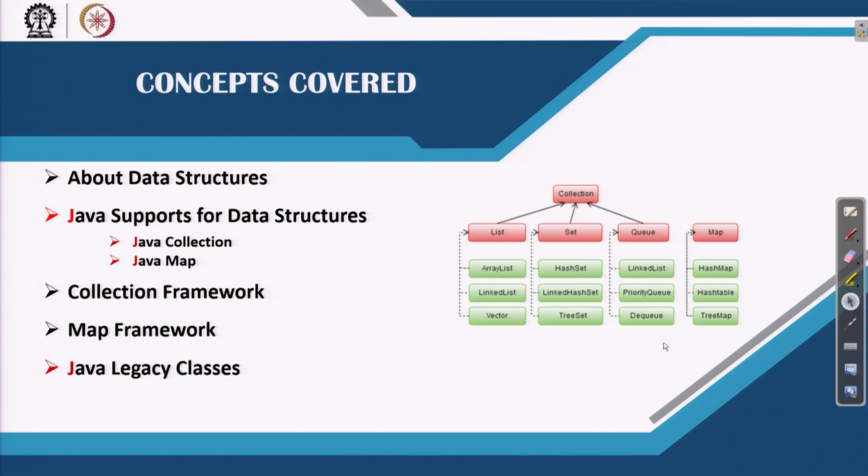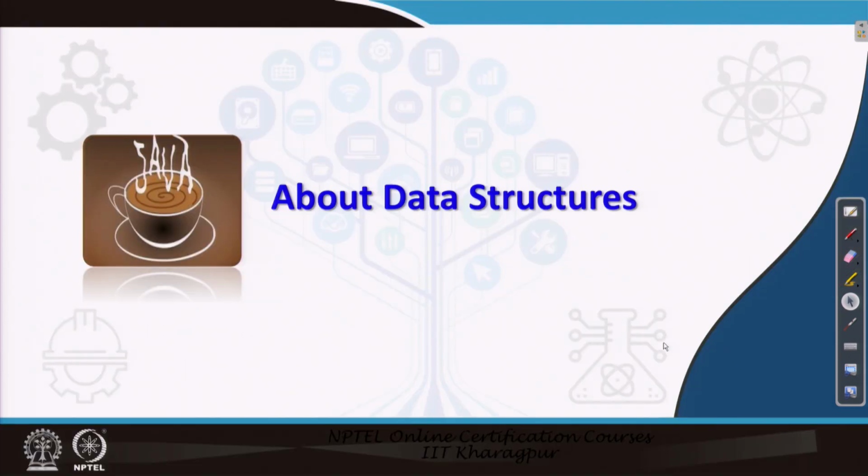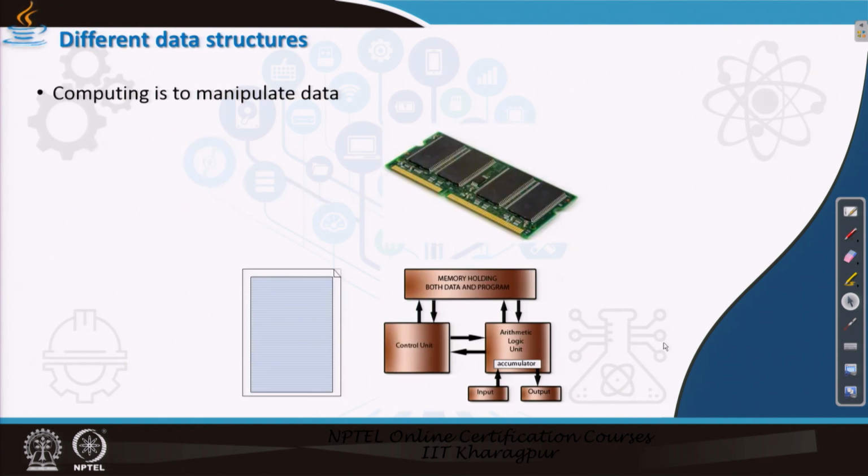It basically allows a programmer to handle all sorts of data structure related activities. Now, let us first see what different data structures Java can support for us. As you know, we have already given an introduction to the concept of data structures in the very first lecture of this course.